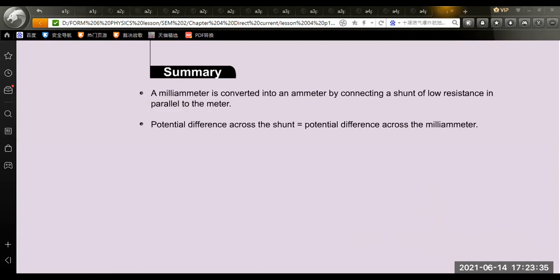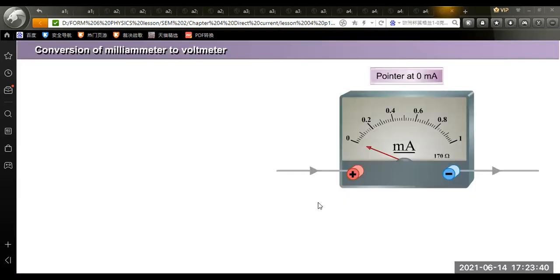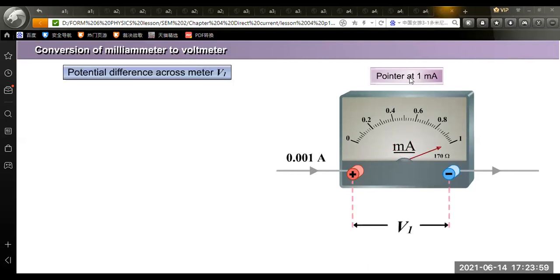Ladies and gentlemen, let's look at another slide. Now we want to convert the same milliammeter into a voltmeter. Just now it was an ammeter. If voltmeter, that means we must reduce the voltage. So what we can do, maximum is 1 milliampere.